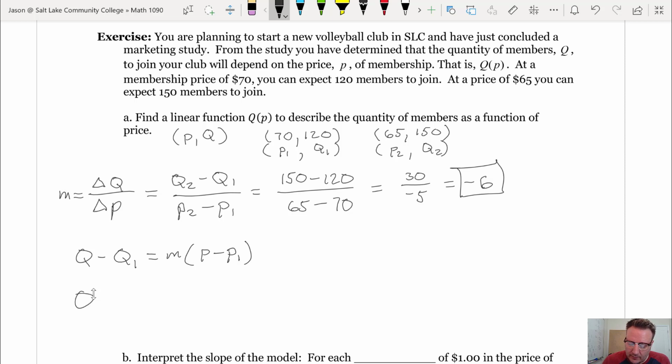Okay, so Q1 is 120. Our slope is -6. P1 is 70.